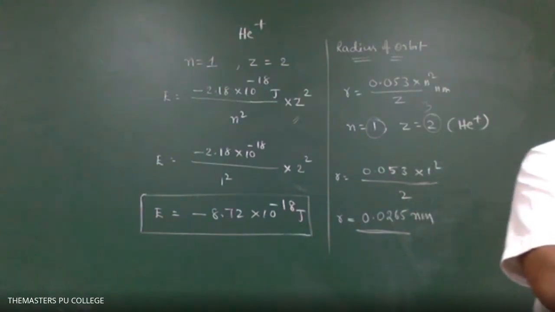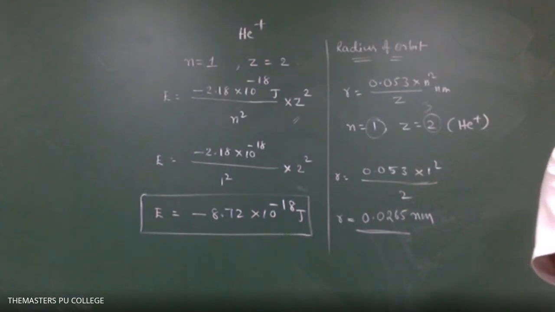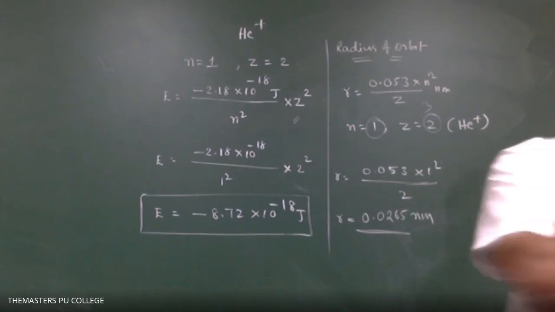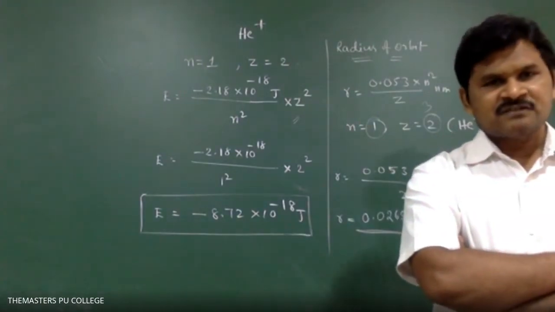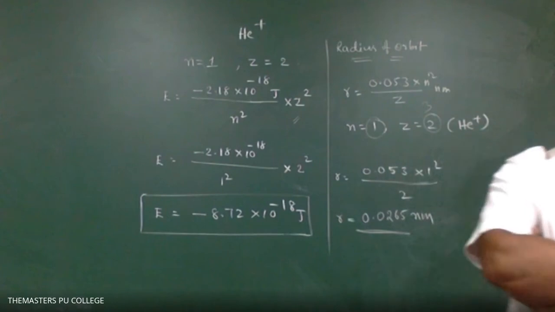What is the energy associated with the fifth orbit?